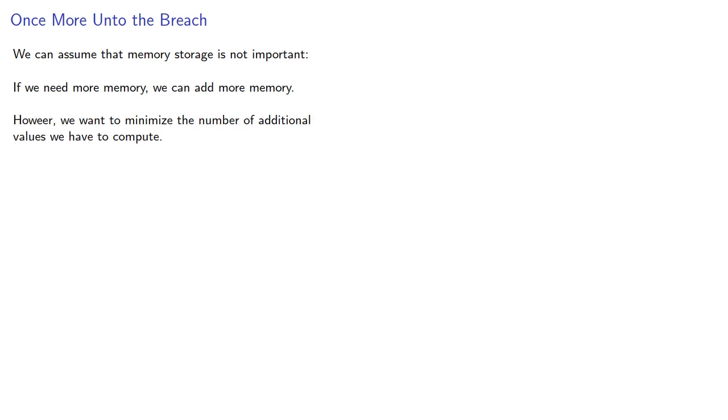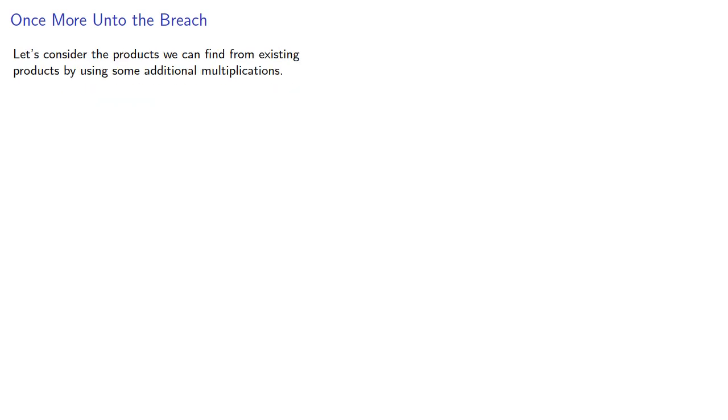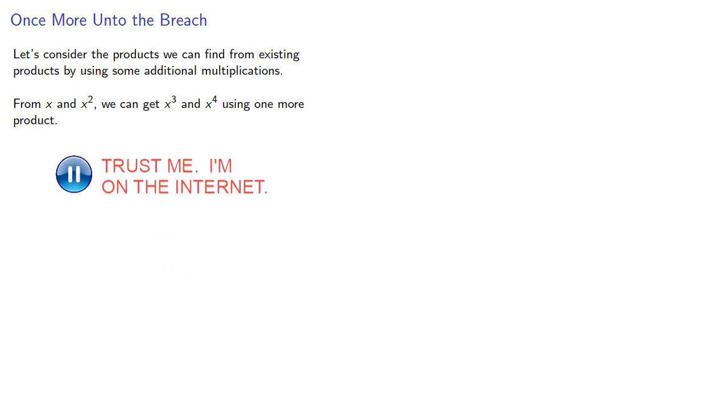However, we do want to minimize the number of additional values we have to compute. So let's see what powers we can find from the powers we've already computed. Let's consider the products we can find from existing products by using some additional multiplications. From x and x squared, we can get x cubed and x to the fourth using one more product.